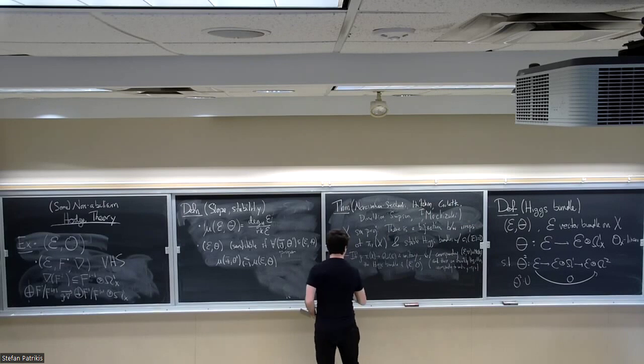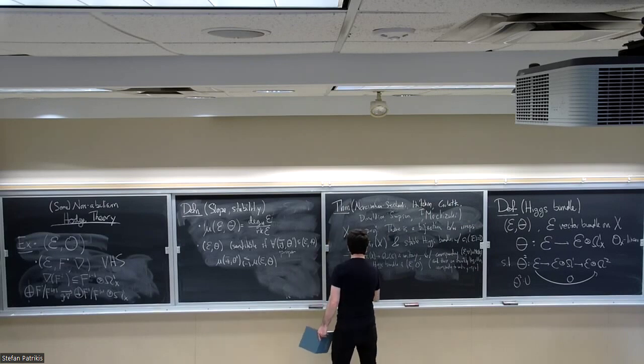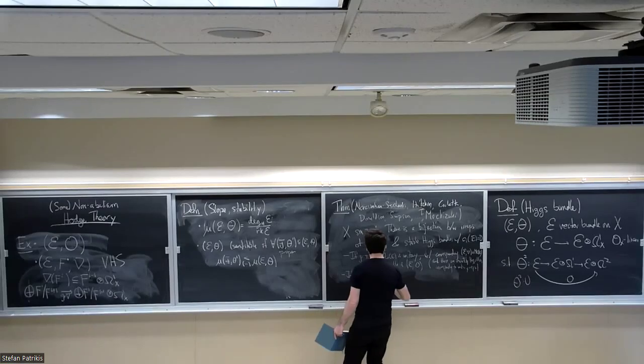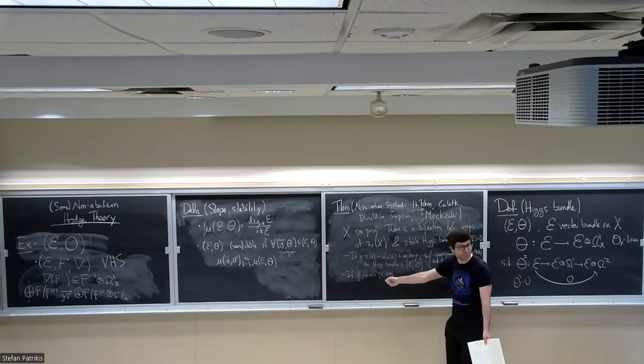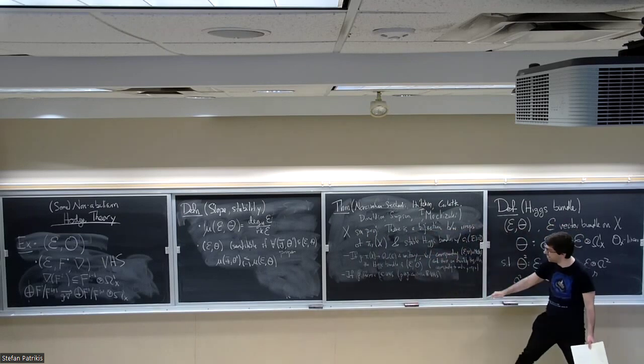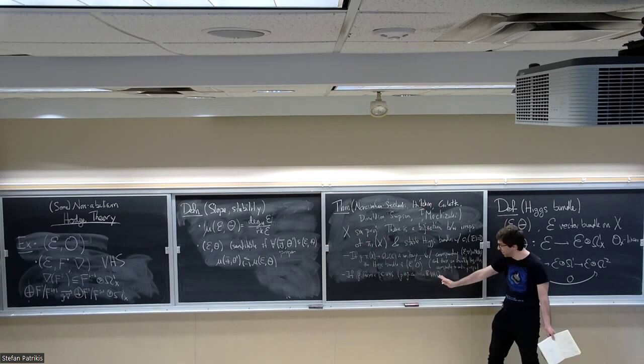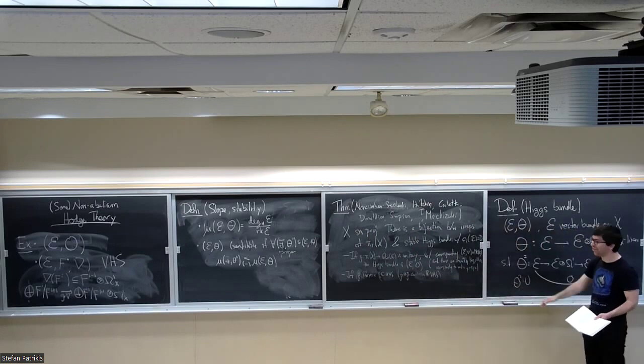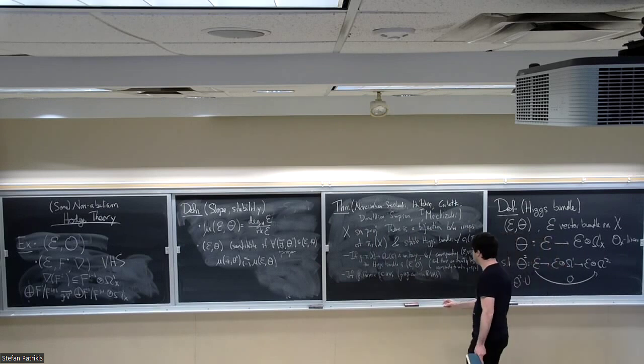So if rho carries a CVHS. Okay, so we don't quite know what this means, so let me give a quick and dirty definition. It means that rho plus rho bar carries an RVHS. This is not the best way to define it, but this is equivalent to carrying a CVHS, and we do know what an RVHS is. So what do I mean by this?